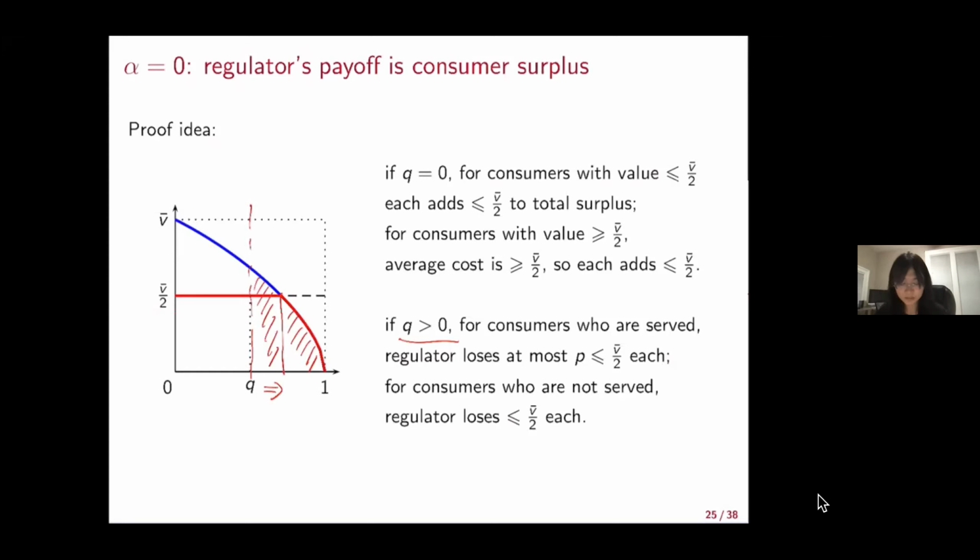Okay, so that means we don't lose more than half V bar per person. For the consumers between 0 and Q, the cost could be very small for the firm. And in this case, the price cap makes sure that the firm does not extract more than half V bar per person. So this also makes sure that the regulator does not lose more than half V bar per person. Okay. So that's the kind of the revealed preference argument for this result.